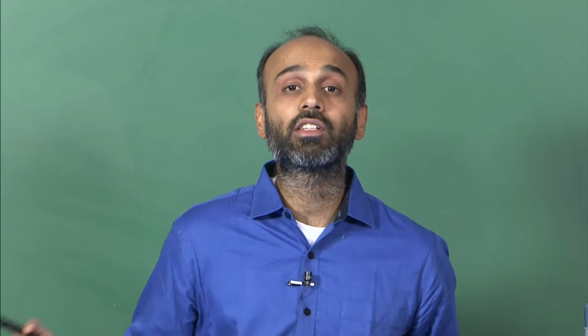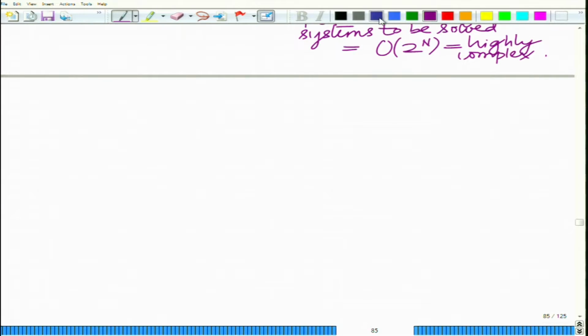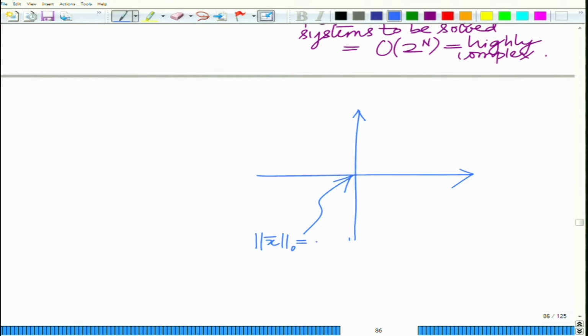Now, let us look at the L0 norm. If you look at a 2-dimensional plane, the one point, the origin, has L0 norm equal to 0.